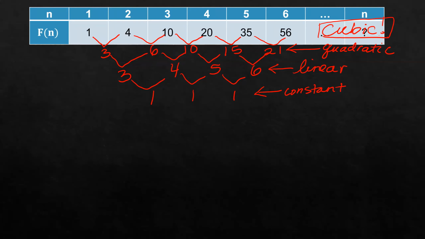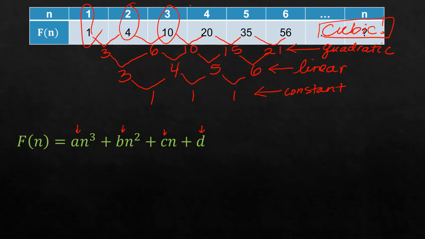What does that mean? f of n is going to equal an to the third plus bn squared plus cn plus d. Okay, so this is that tedious process where you have 1 unknown, 2, 3, and 4 unknowns. So you have to plug in 4 different points, 1, 2, 3, 4, to get a system of 4 equations and 4 unknowns so that I can use elimination to solve.